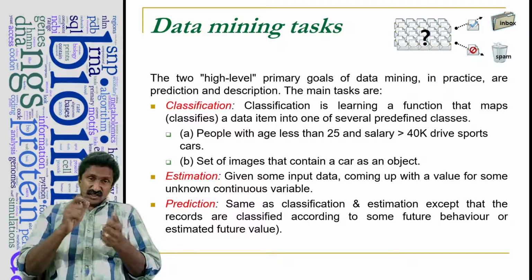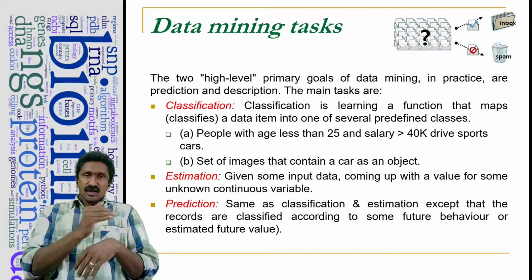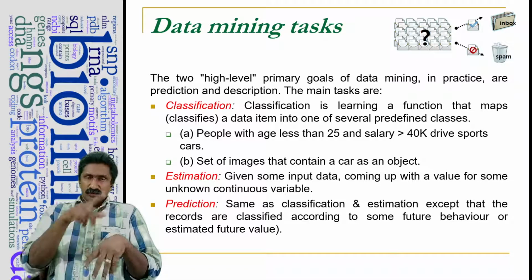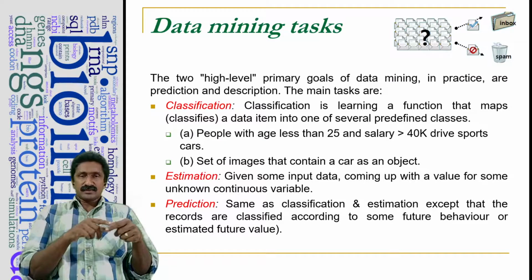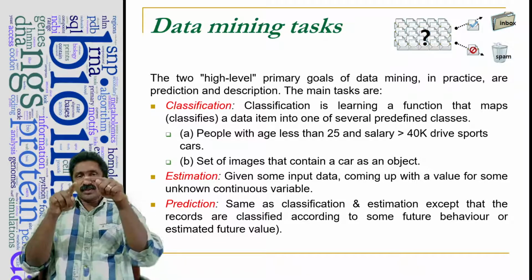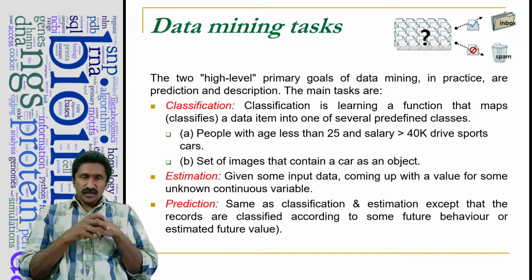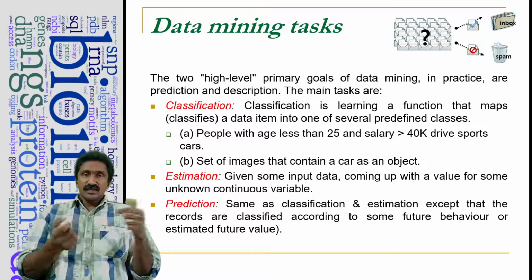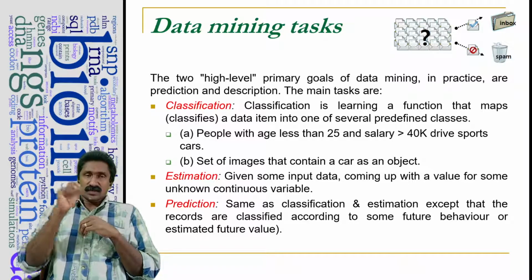Another one is estimation: given some input data, coming up with values of some unknown continuous variable. For example, like the graph of a protein estimation, if you have some input data like one or two variables on the x and y axes, then you extrapolate to the graph and find the value of the protein. The concentration of the protein can be read from the graph. Similarly, if you give an input, it will come up with some unknown continuous variable.